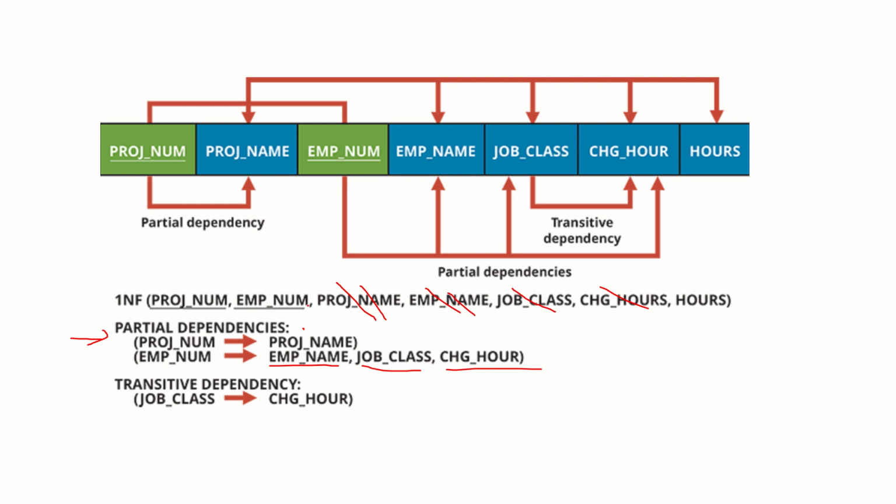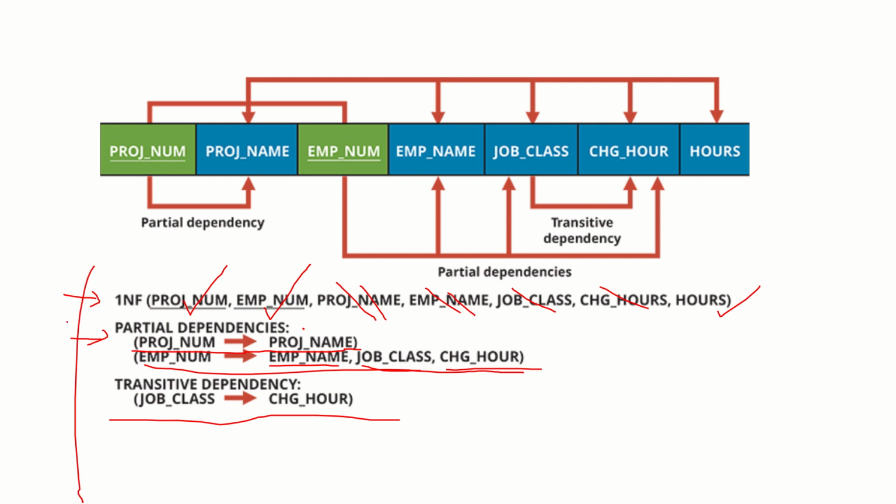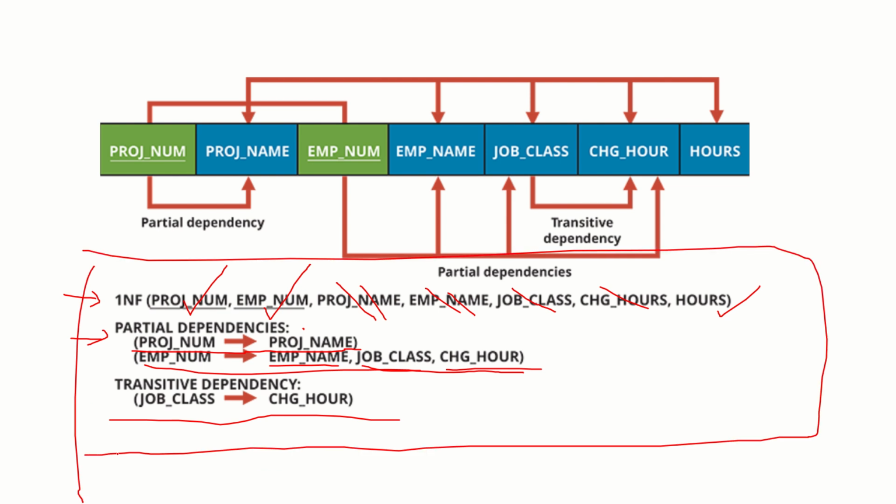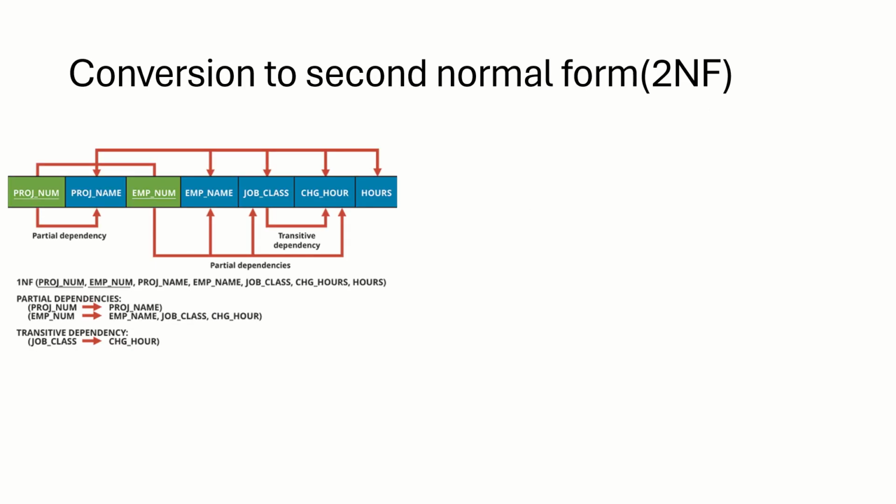So right now, this table only has hours, employee number, and project's number left. And right now, the partial dependencies, we have those things right here, okay? Then we can tell the charge hours in the transitive dependency. Based on this result, we can actually start to create the tables.